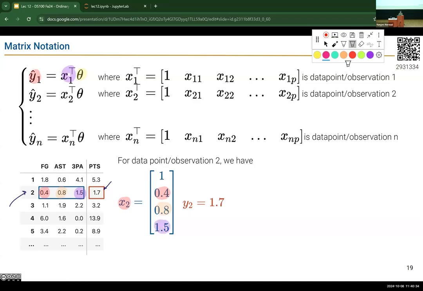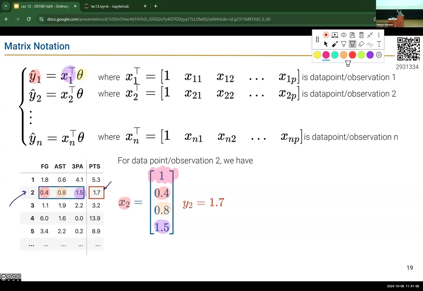And notice here that I have this 1, which is the augmented bias that I added. This is called a bias trick, because the trick that I used to find theta 0 was to treat it as multiplying the value 1, which I then combined with all the rest of the features, so that I can have everything written as the dot product between two vectors. This is called a bias trick.